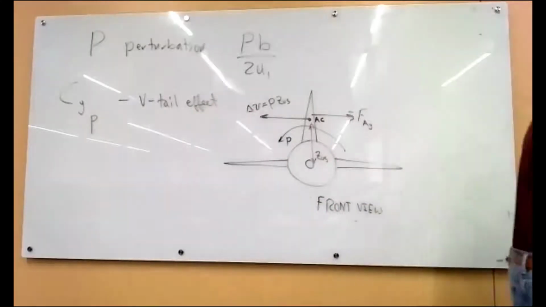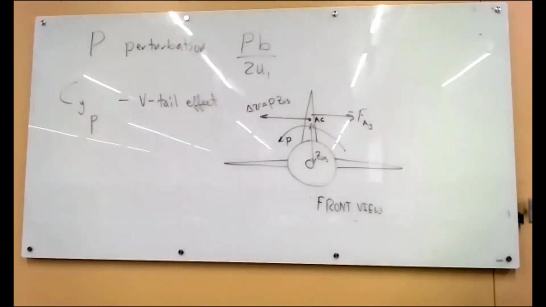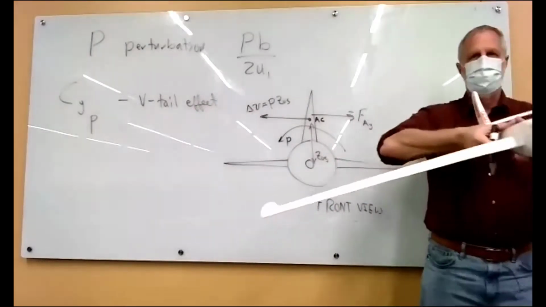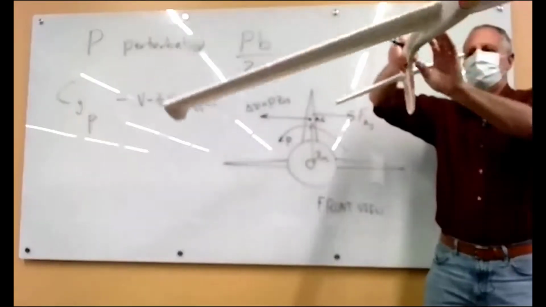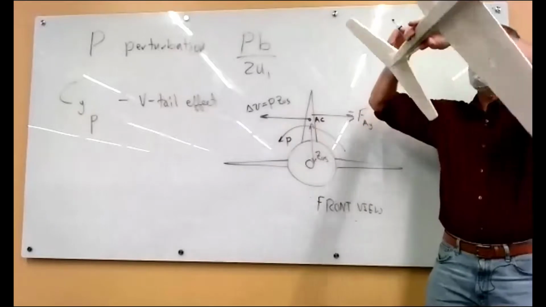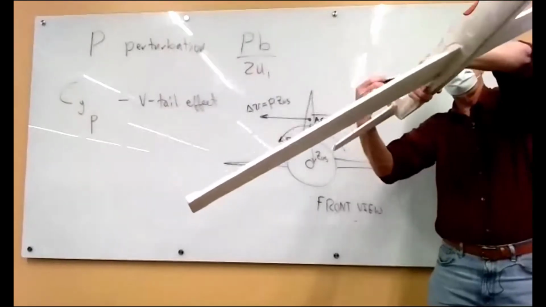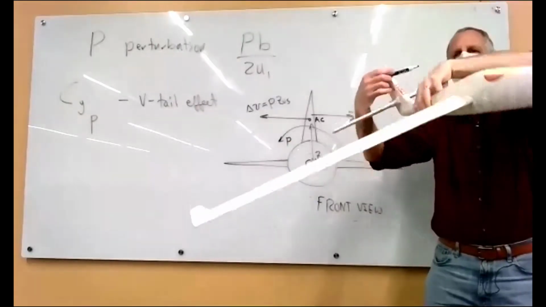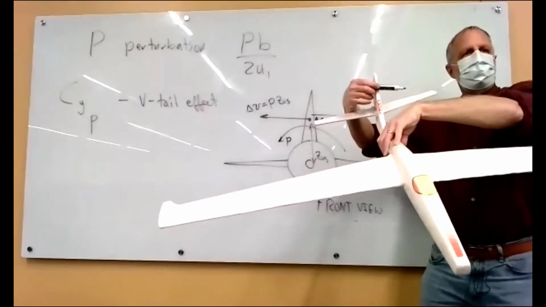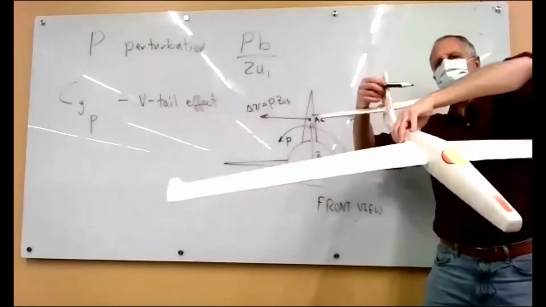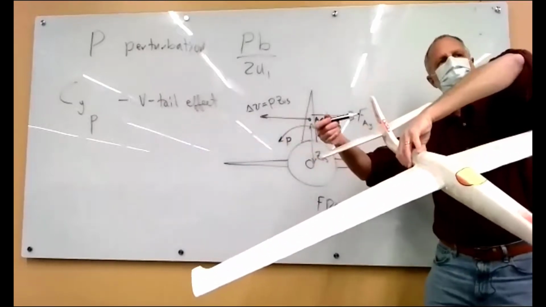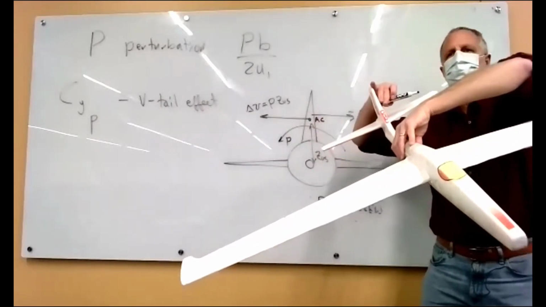So did I do that wrong? Yeah, I did. So we're rolling like this, right? This is sweeping this direction, so we're going to get a force resisting that motion that way. Everybody good now? This is rolling positive like that, relative wind this way, that's going to push on the vertical tail in that direction.